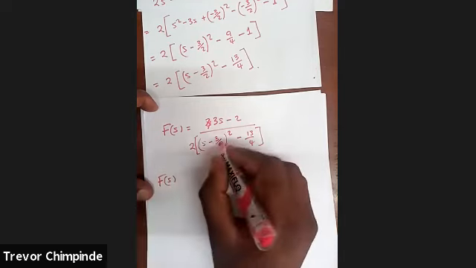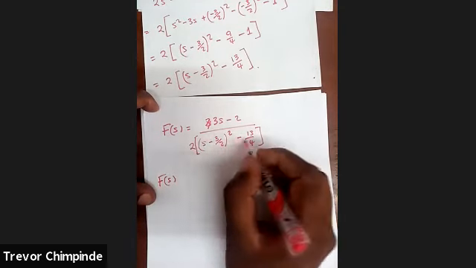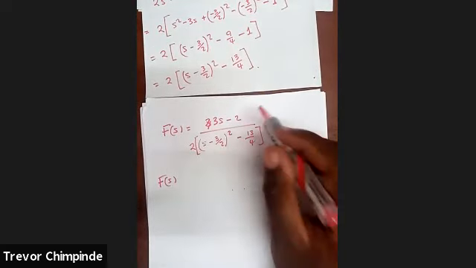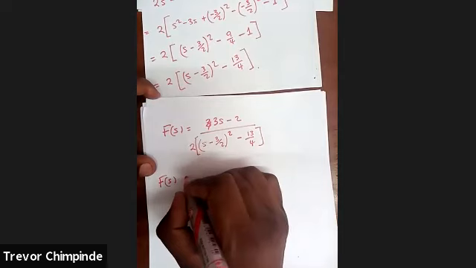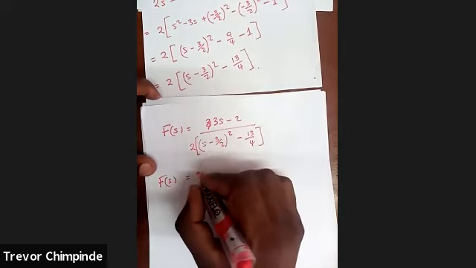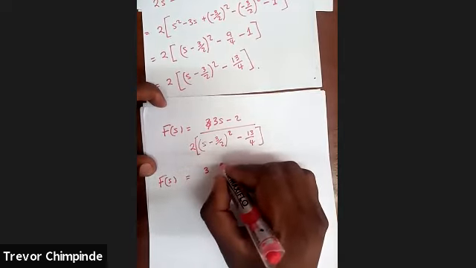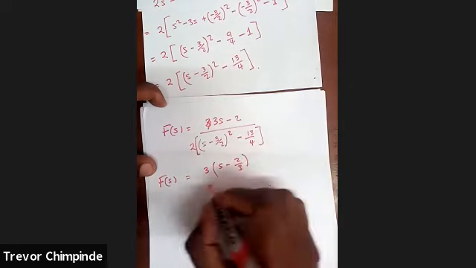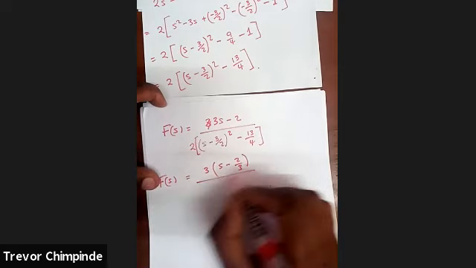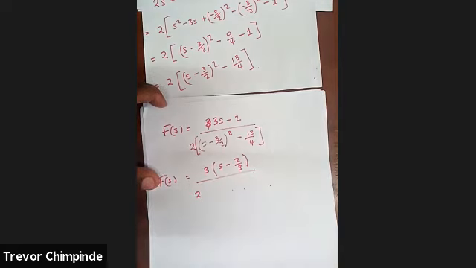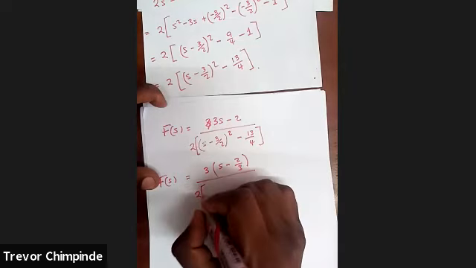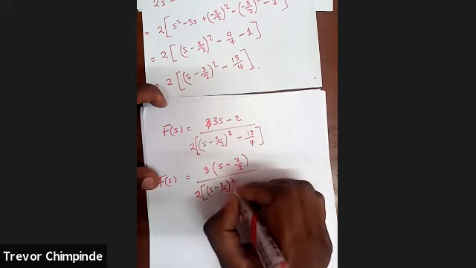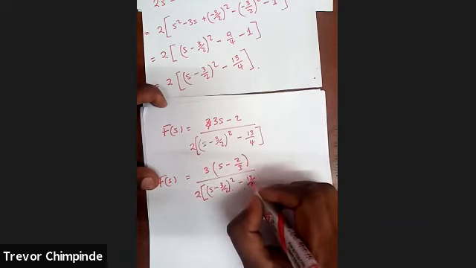Because I have s minus 3/2 in the denominator, I need to have it in the numerator, because the plan is to use the s shifting theorem. Let me first factorize the 3. So it's 3 times (s minus 2/3), over 2[(s minus 3/2)² minus 13/4].